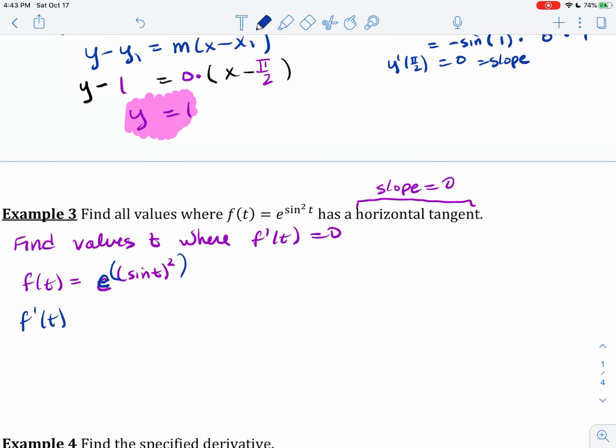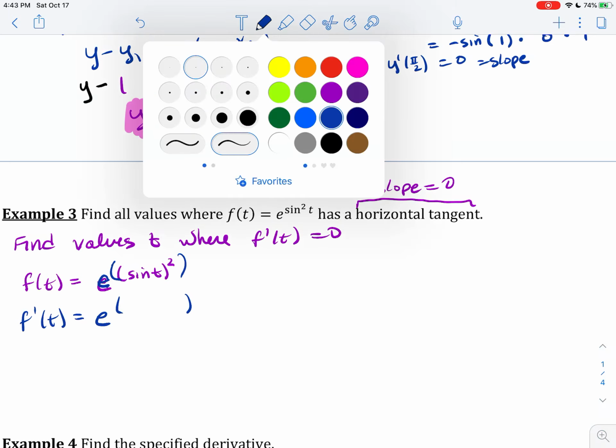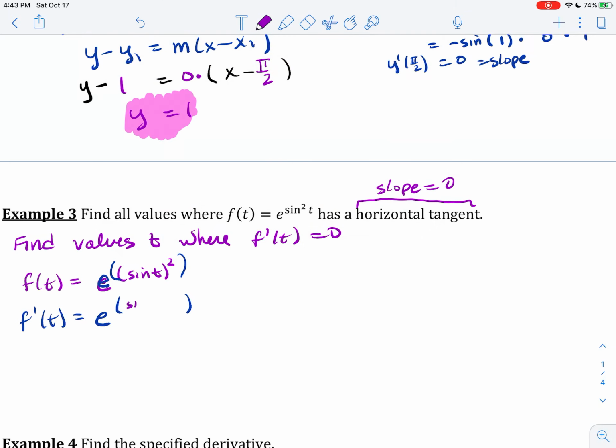And what is the derivative of e to the x? E to the x, or e to the t. I'm going to evaluate at sine t squared, but then I'm going to multiply by, and that's not going to remain in the exponent. You're multiplying the entire function by the derivative of the inside.